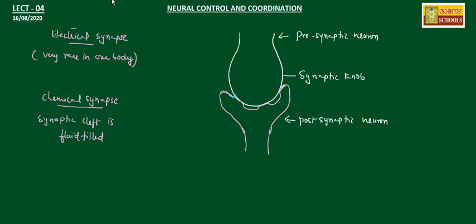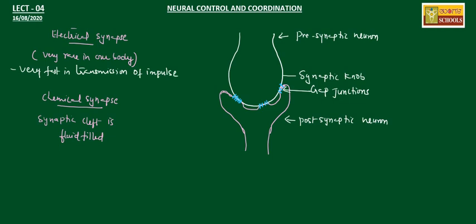You can see here, these are called the gap junctions. The impulse passes through these gap junctions into the postsynaptic neuron. These electrical synapses are very fast in transmission of impulse when compared with the chemical synapse.